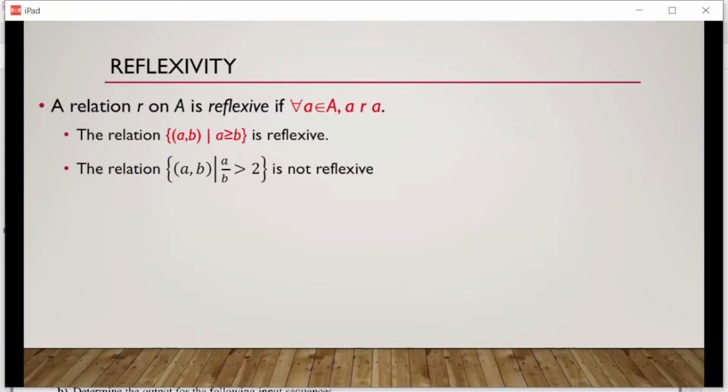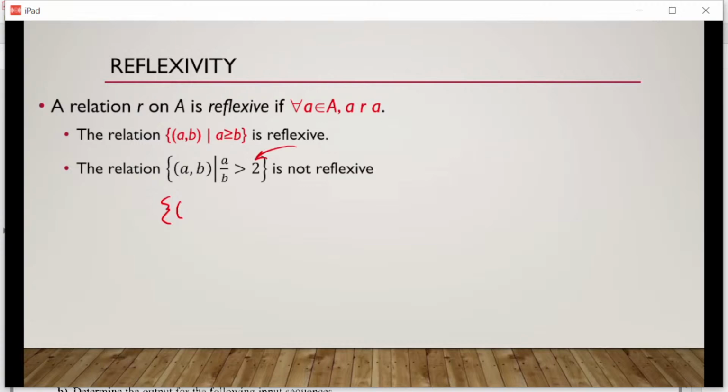By the way, let me explain really quickly what that notation means. You can think of that notation as a list or a set of all the different things that are related. So, for example, if you use this relation here, that relation just says that A over B is bigger than 2.